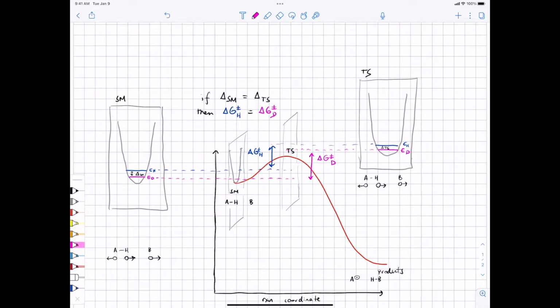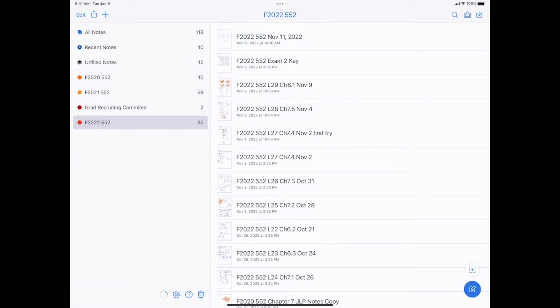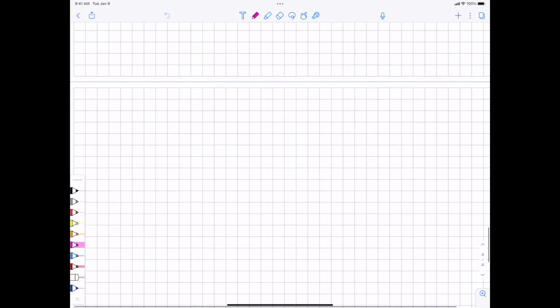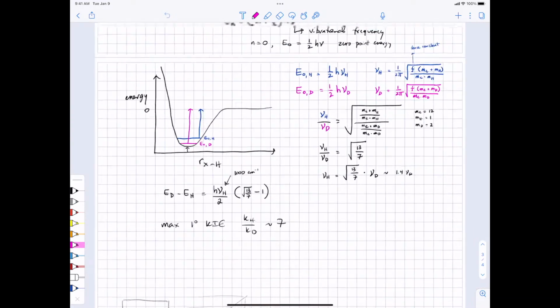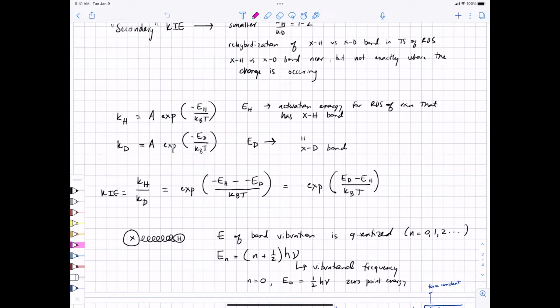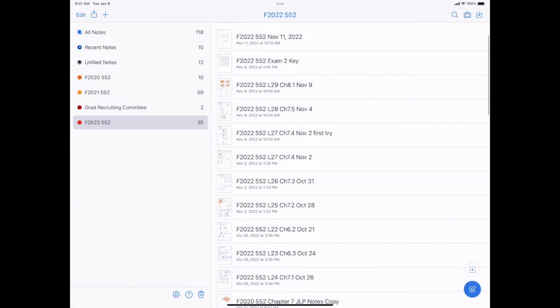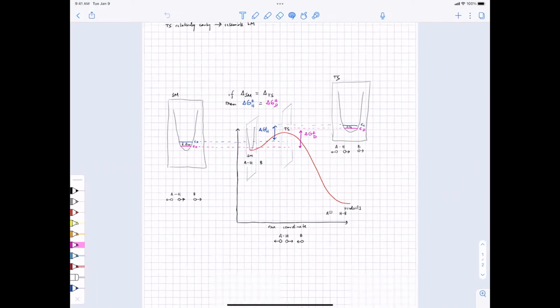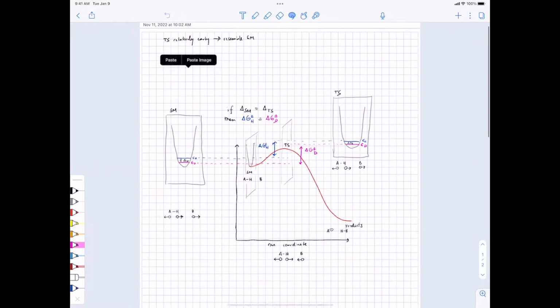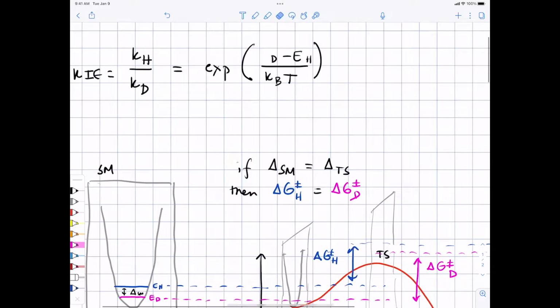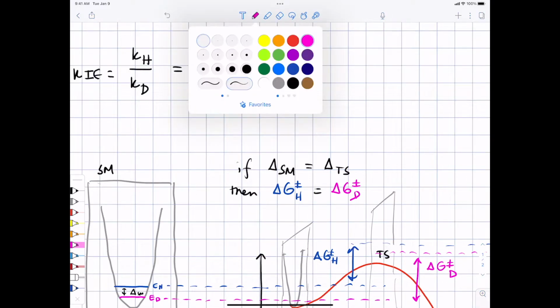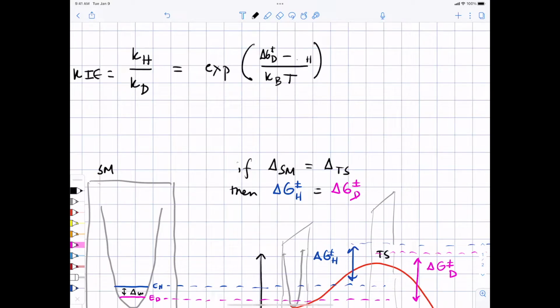So in that case, remember that we've said last time that the kinetic isotope effect that we see is related to this equation where we could put this here, and then we could use, instead of these symbols, activation energy symbols.